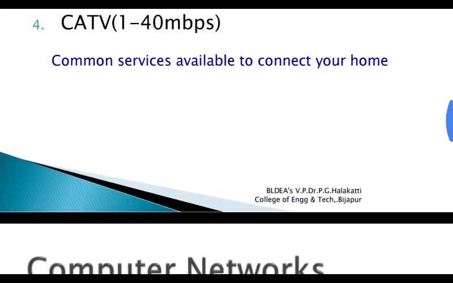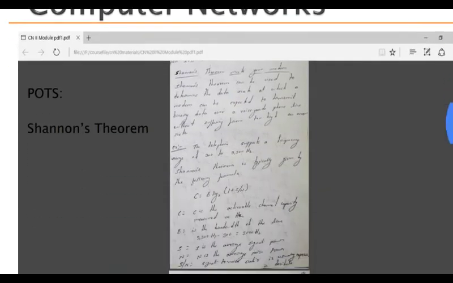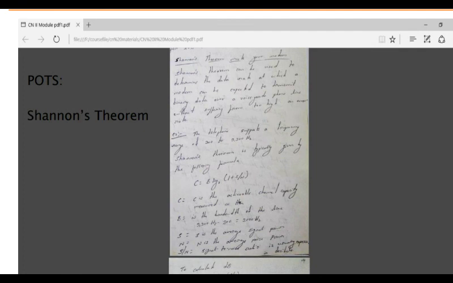Is it clear? Before going to the next one, we are going to see one theorem called Shannon's theorem. What is the use of this theorem? The Shannon theorem can be used to determine the data rate at which a modem can be expected to transmit binary data over voice grade telephone lines.